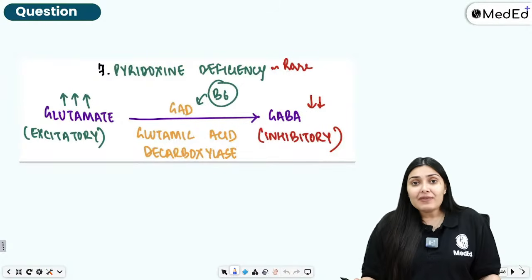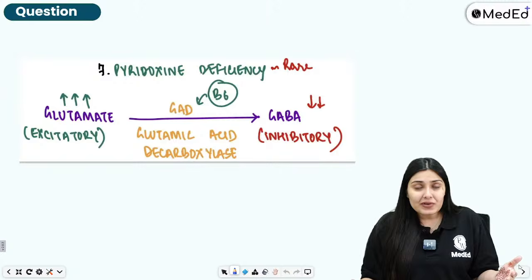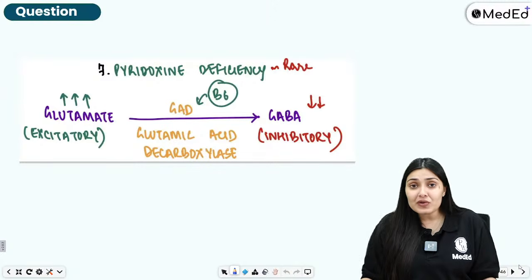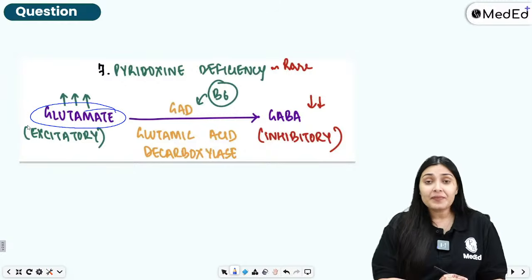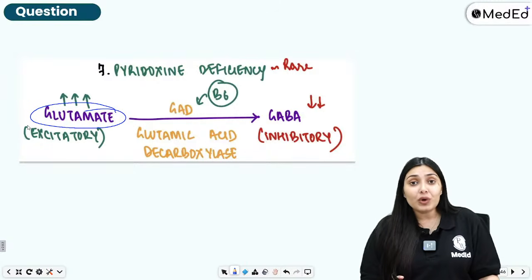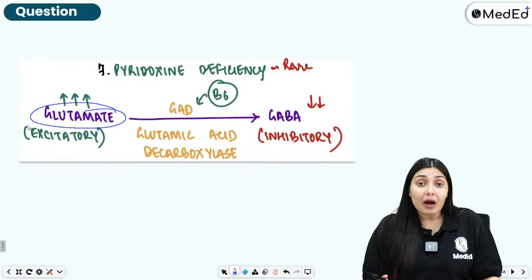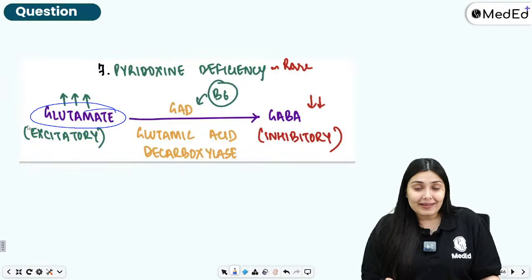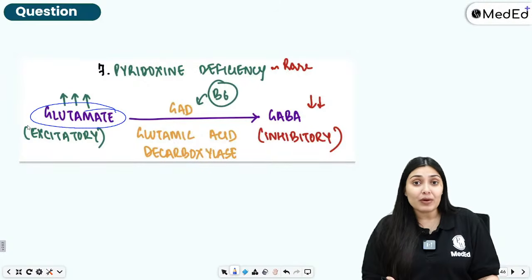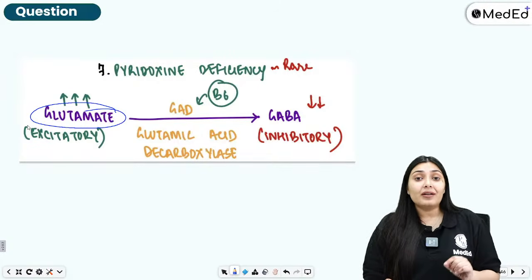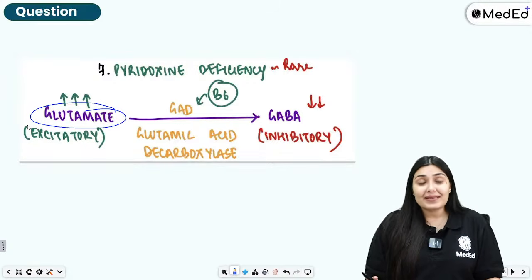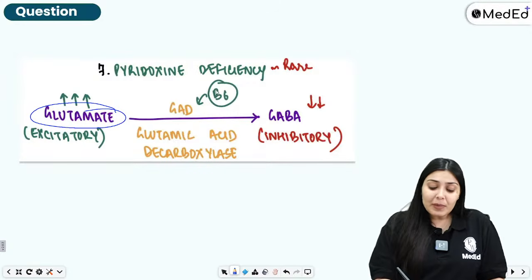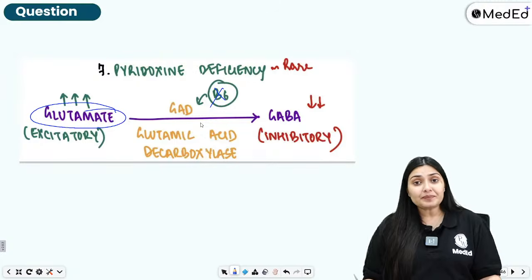In our brain, we have excitatory neurotransmitters and inhibitory neurotransmitters. One such excitatory neurotransmitter is glutamate. This glutamate is converted to the inhibitory neurotransmitter GABA by the enzyme GAD, that is glutamic acid decarboxylase. And the cofactor for this enzyme is B6, that is pyridoxine. So if there is pyridoxine deficiency, what will happen?